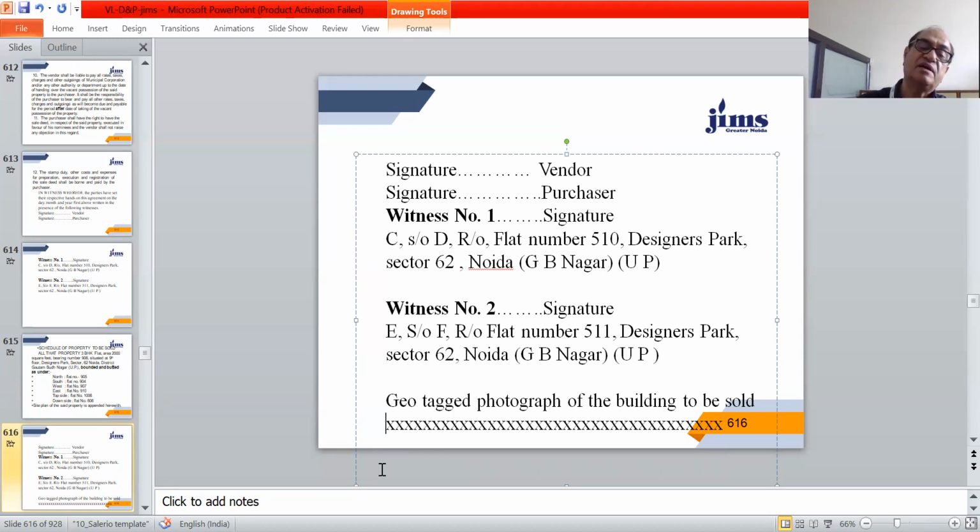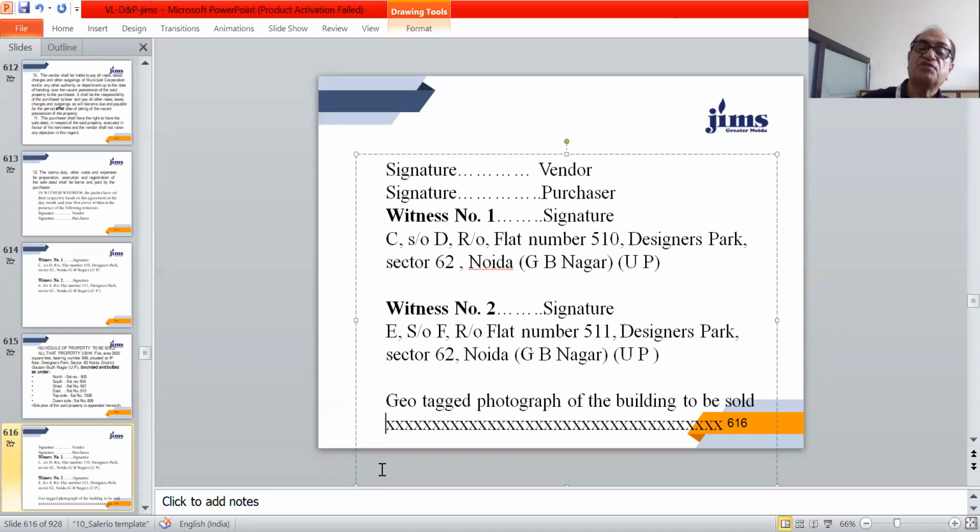Normally, the builder has shown you that the tower shall be raised on a particular sector, say it is sector 62, but actually that tower is raised in sector 63. So this is a cause of so many civil disputes in civil courts.